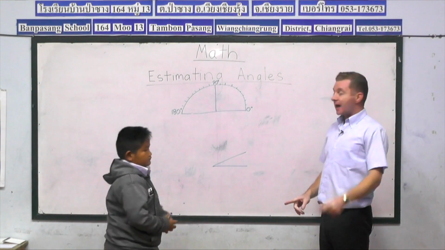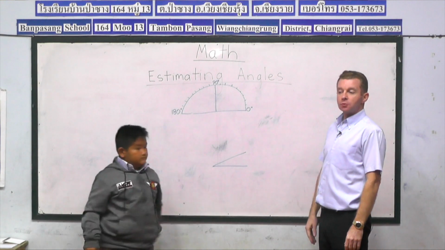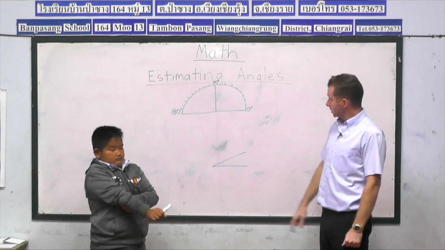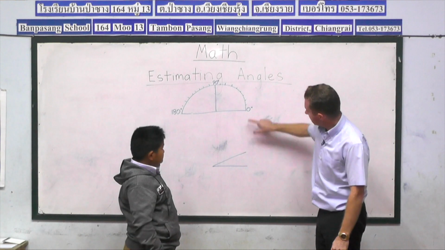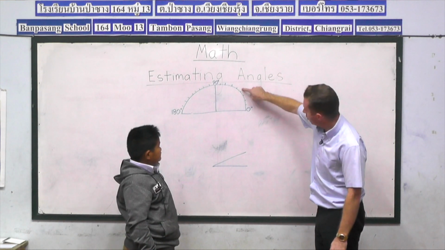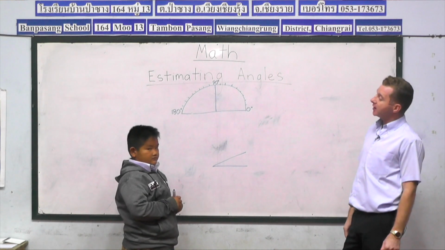So first of all, guys, more than 90 degrees or less than? Less than. So what type of angle is less than 90? Acute angle. So Net, here we would have 0. So then it would be 10, 20, 30, 40, 50. What do you think? How many degrees is our angle here?